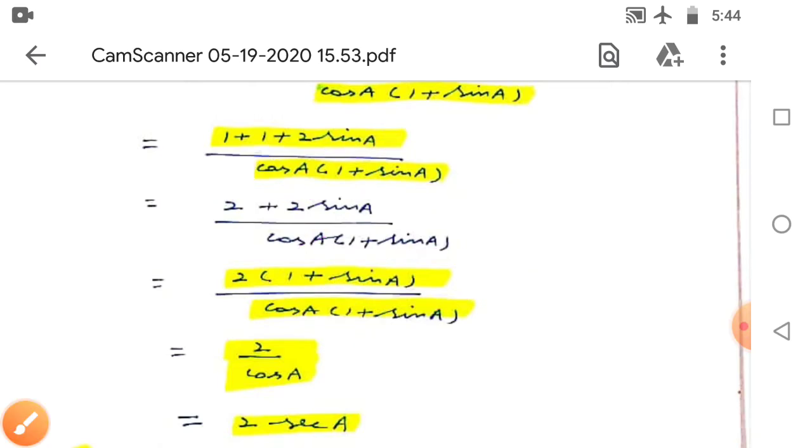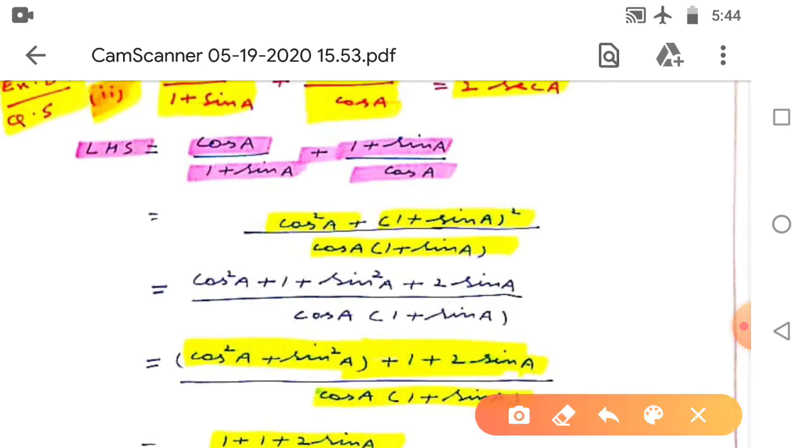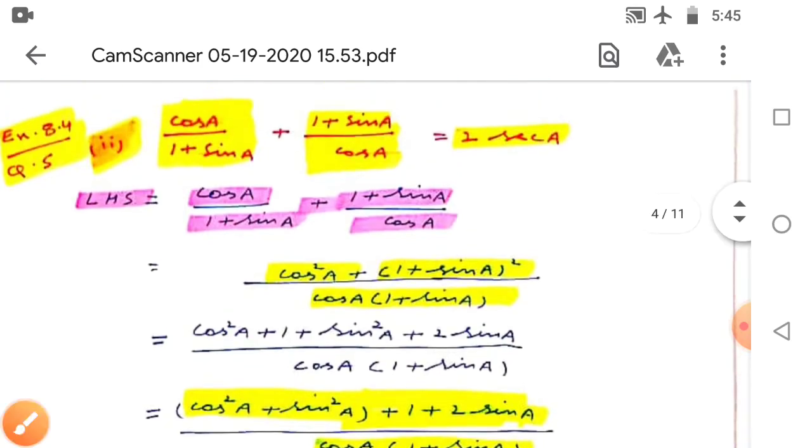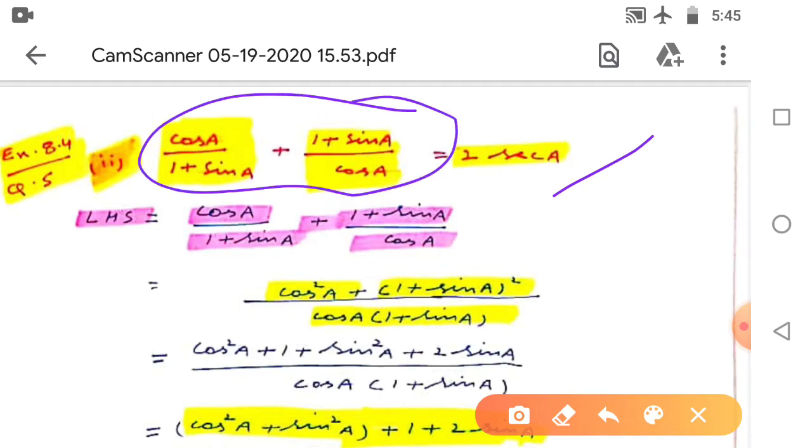Clear? Once again, the second part. Cos A upon 1 plus sin A plus 1 upon sin A upon cos A is equal to this, right? So here there is no direct identity and it is already in the form of sine and cos. So take the LCM.